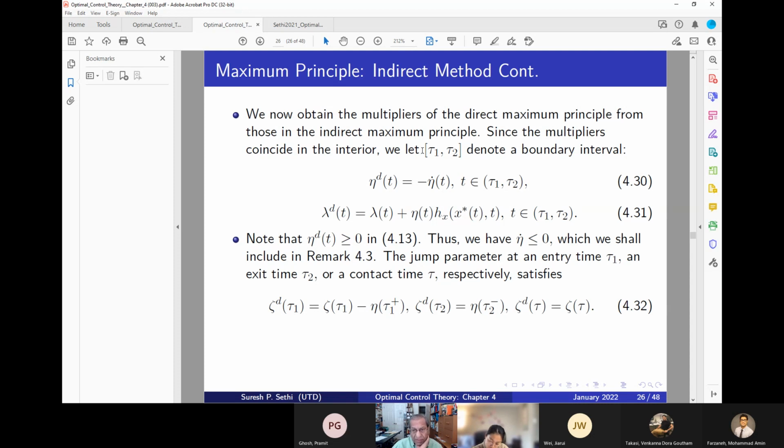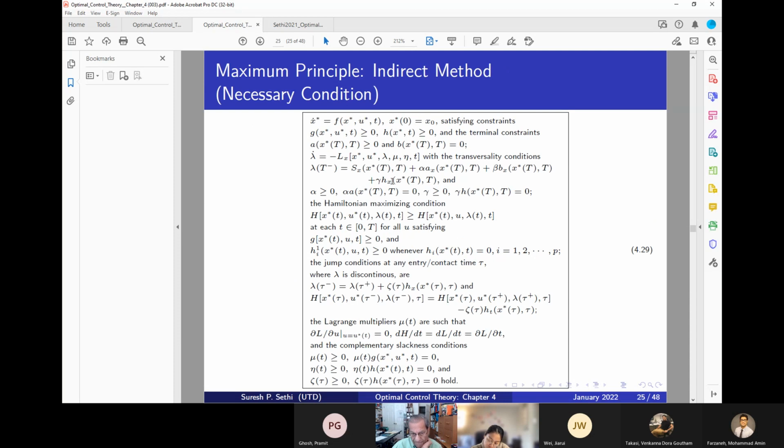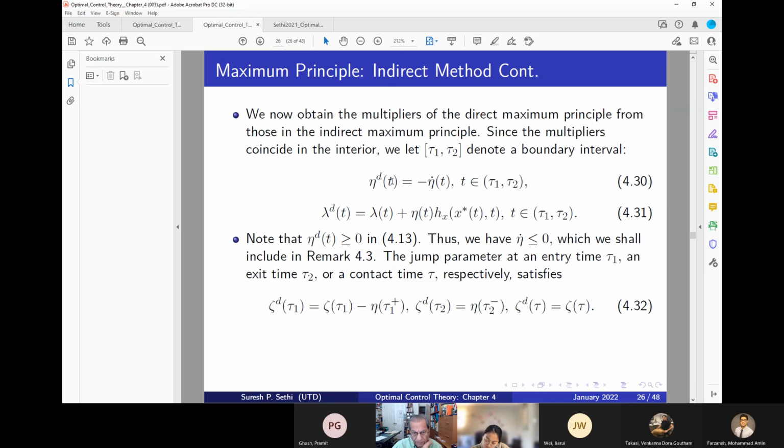We have some conditions that we now obtain for the multipliers in the direct maximum principle from those in the indirect maximum principle.